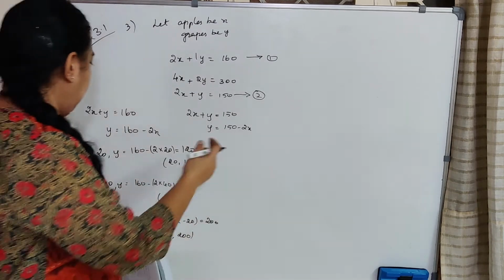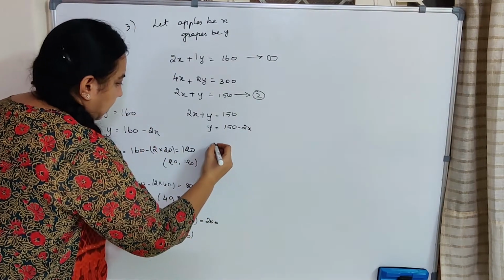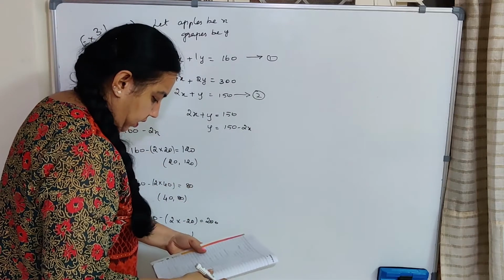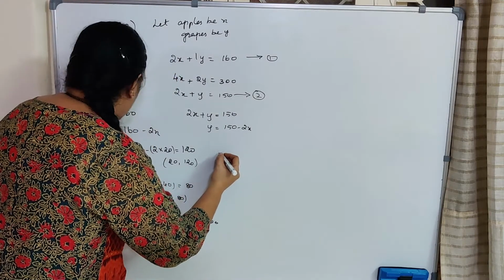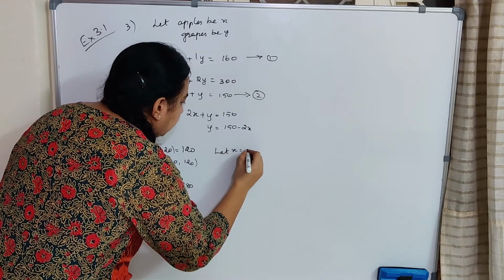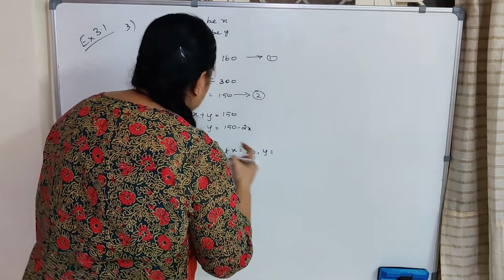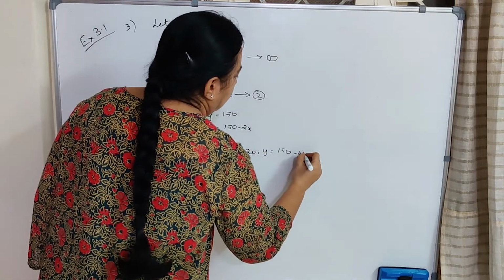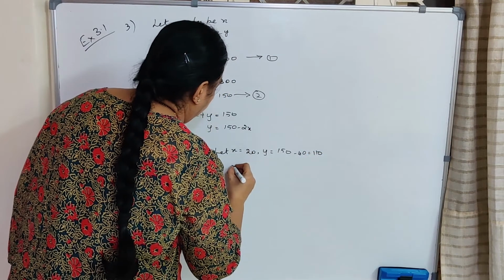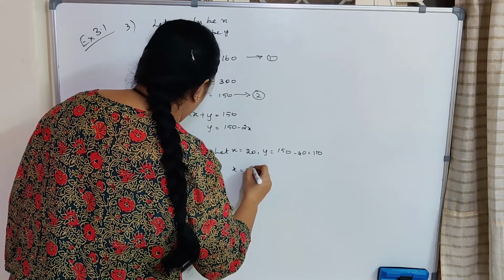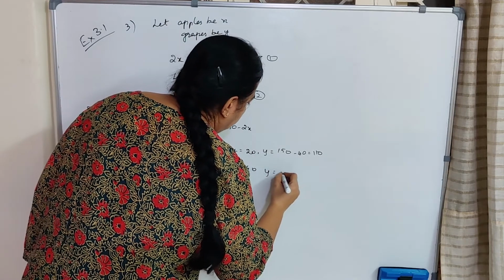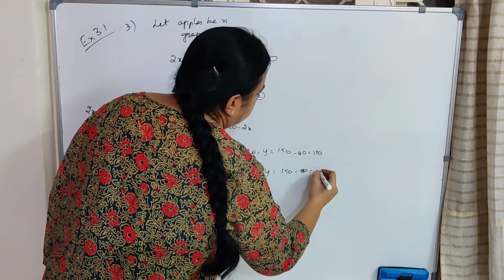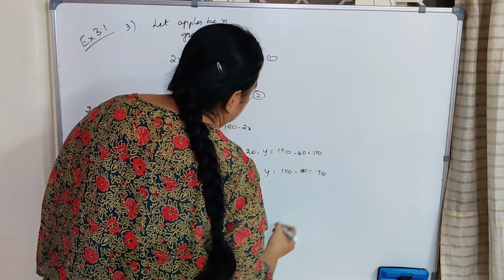Now for the second equation, again for different values of x, I am going to find equivalent values for y. So 20, 40 and minus 20, the same numbers we are considering. Let x be equal to 20, y is equal to 150 minus 40, and that is 110. For x equal to 40, y is equal to 150 minus 80, and that is 70.